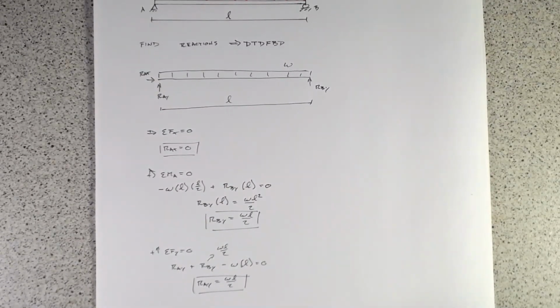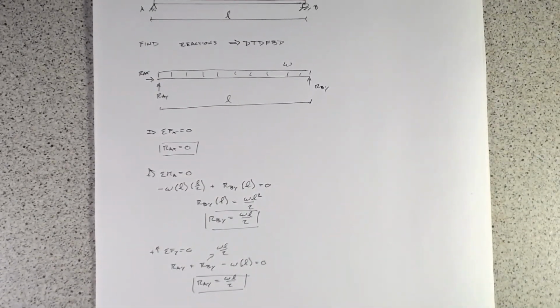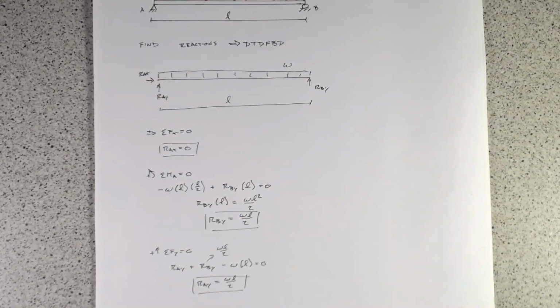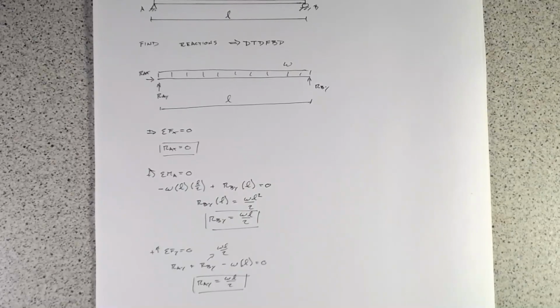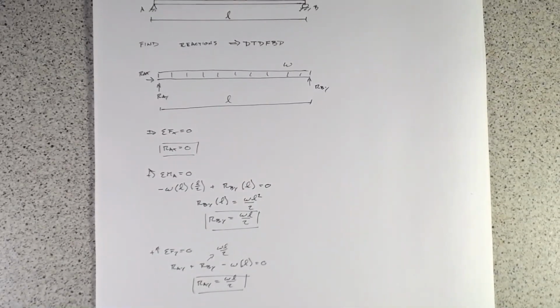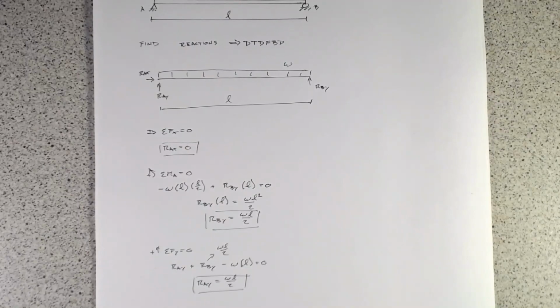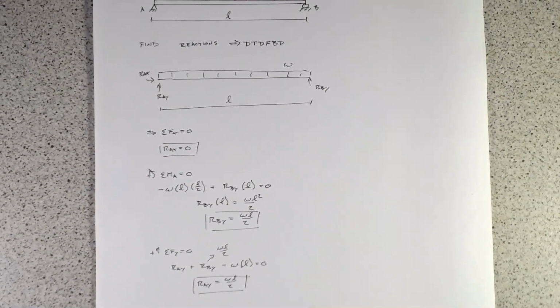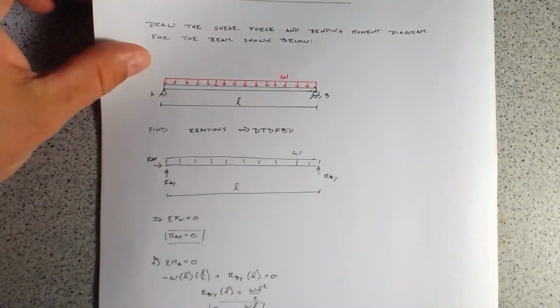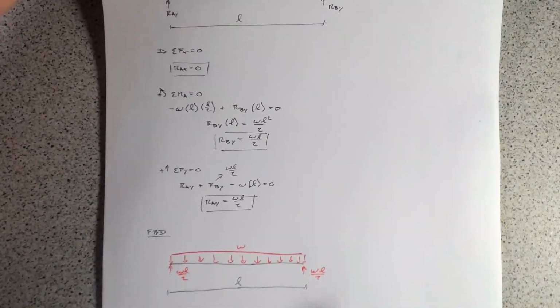So we will have W as this uniformly distributed load. And we have the force WL over 2 at each of the reactions and over this distance L.